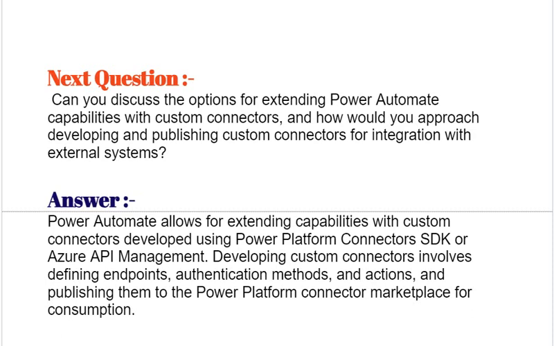Your answer should be Power Automate allows for extending capabilities with custom connectors developed using Power Platform Connectors SDK or Azure API Management. Developing custom connectors involves defining endpoints, authentication methods, and actions, and publishing them to the Power Platform Connector marketplace for consumption.